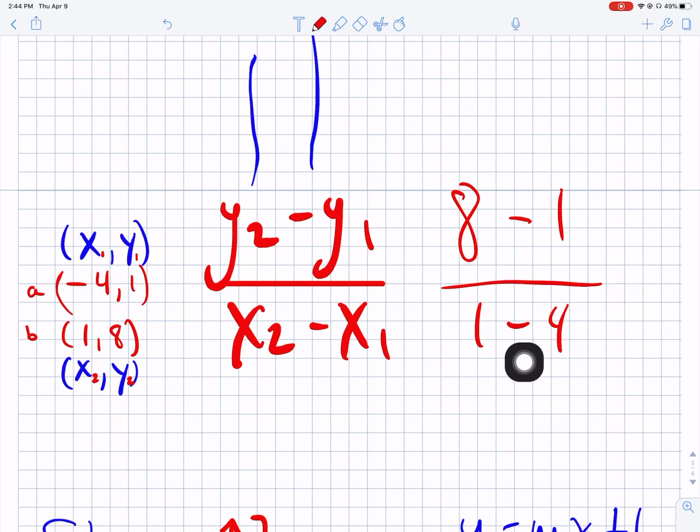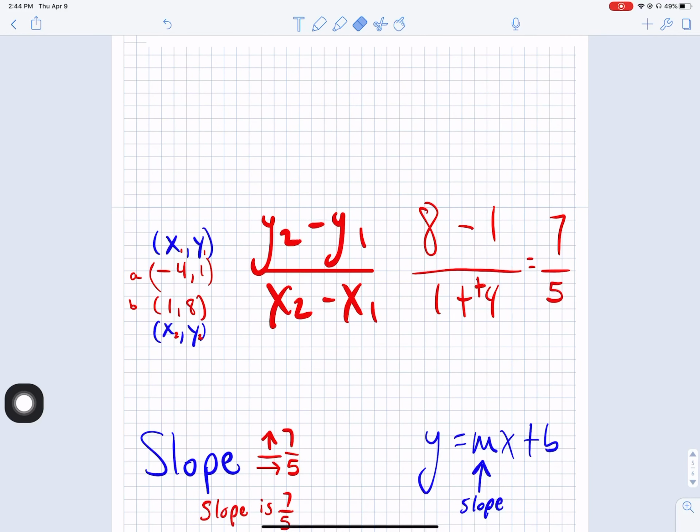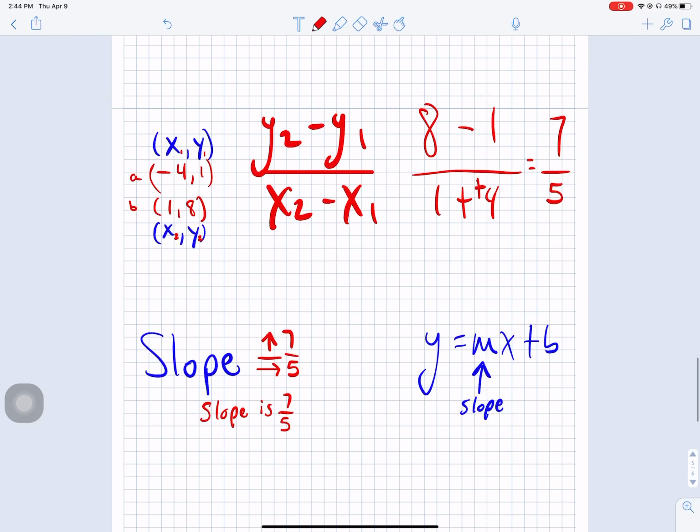So if it's a -4, we need to put -4 with it. So what happens is 8 minus 1 is 7, and 1 minus a -4 is 5. Okay. So you should be looking at that and you see, oh, we got 7/5. That's what we got when we graphed it.